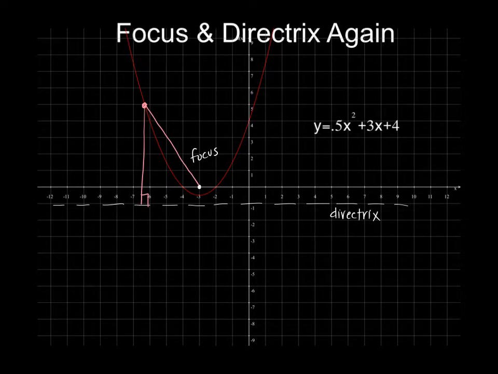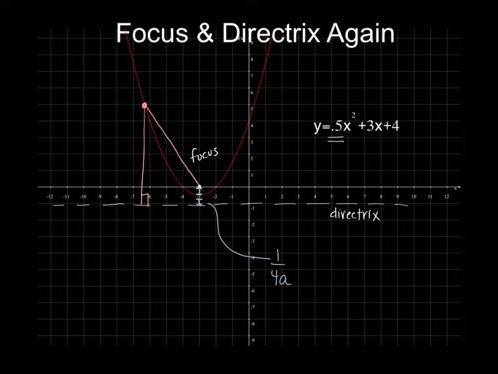Just to remind you how we found these, the distance between the focus and the vertex, and the directrix and the vertex, that distance is 1 over 4a. And that a is the leading coefficient of the quadratic.